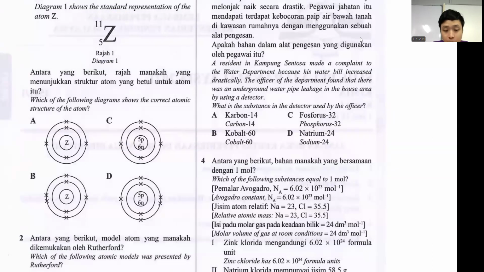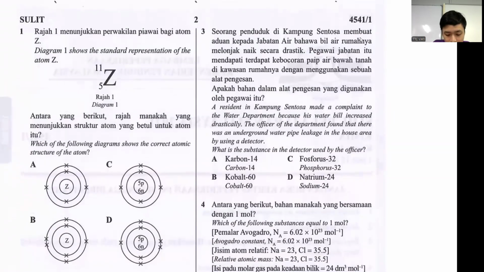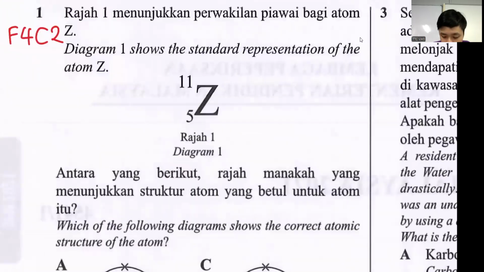In this case, you've got 4 different answers here, and you have 2 different types of diagram. But let me ask you first, what does 11 stand for? Nuclear number. Okay, so this is the nuclear number.